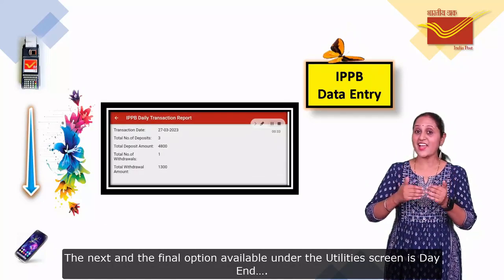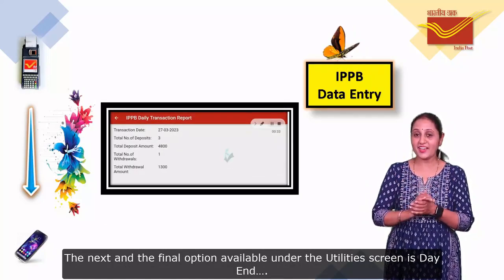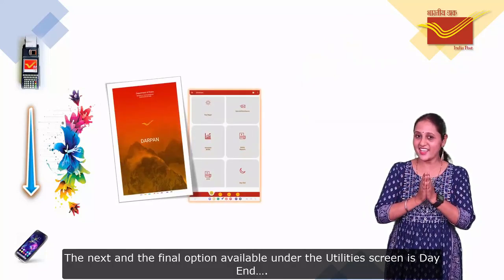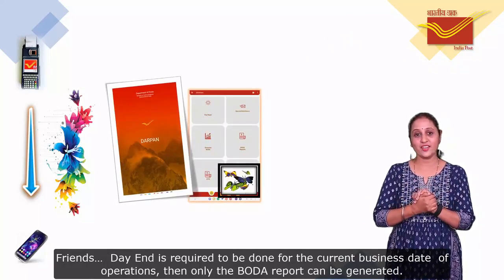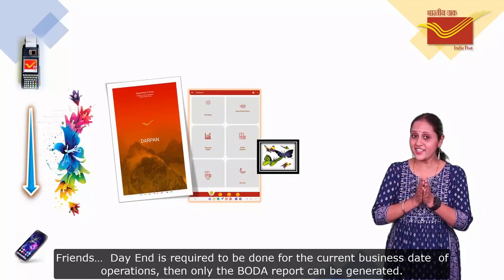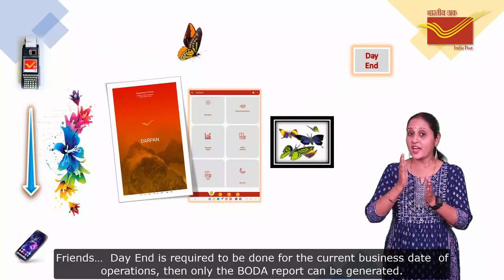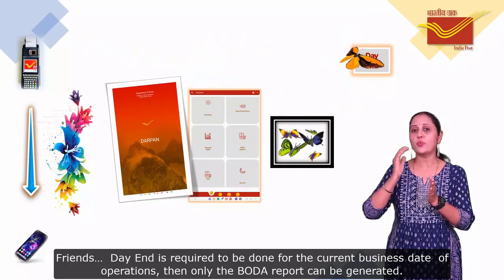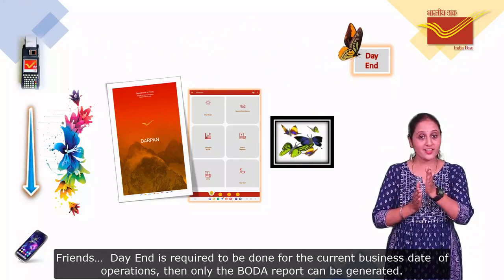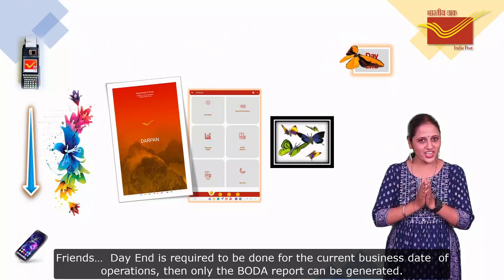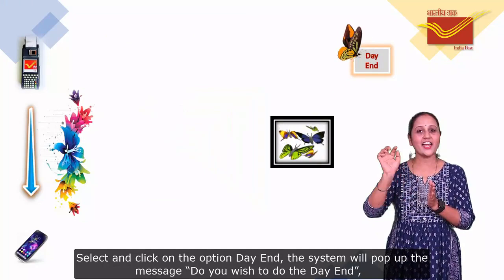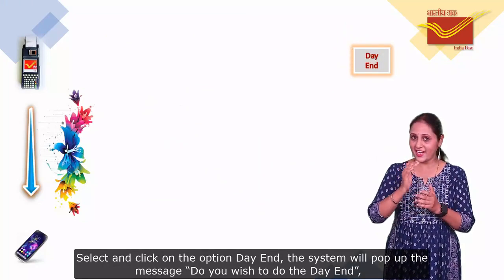The next and the final option available under the utility screen is day end. Friends, day end is required to be done for the current business date of operations. Then only the BODA report can be generated. Select and click on the option day end.